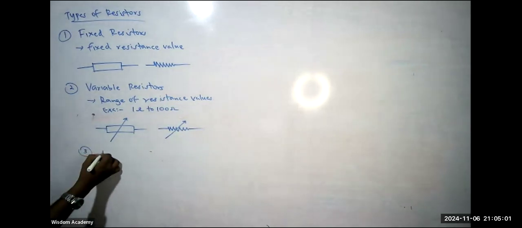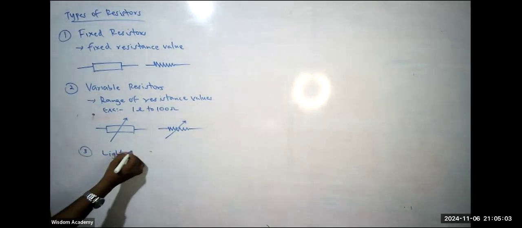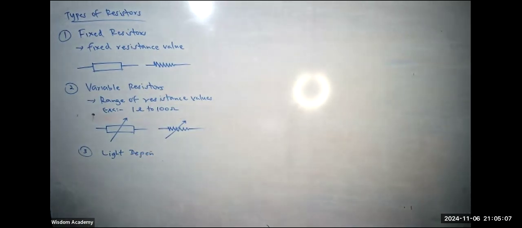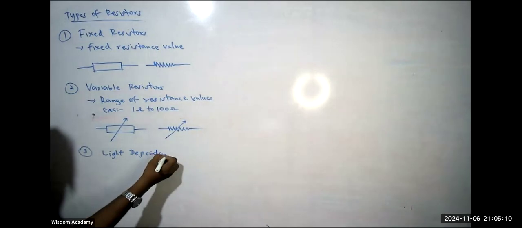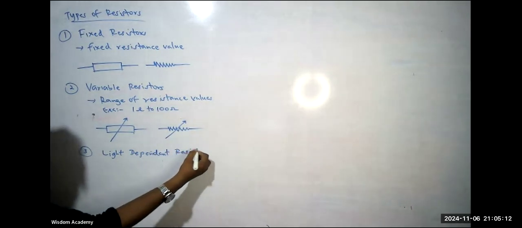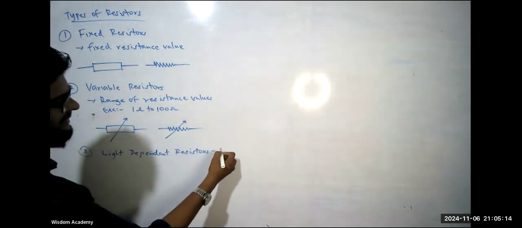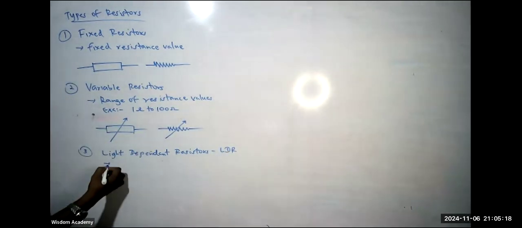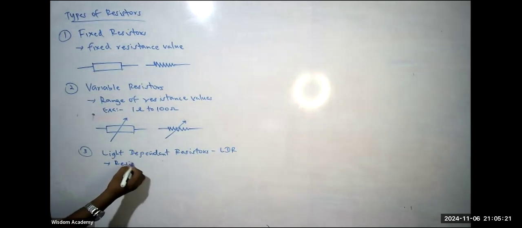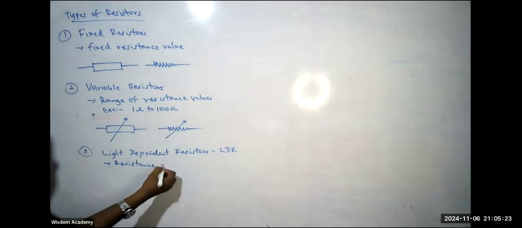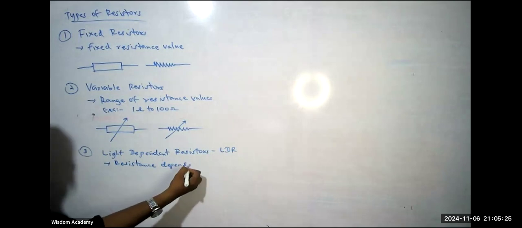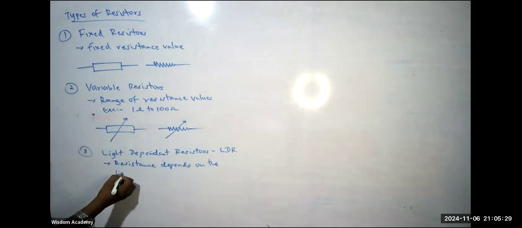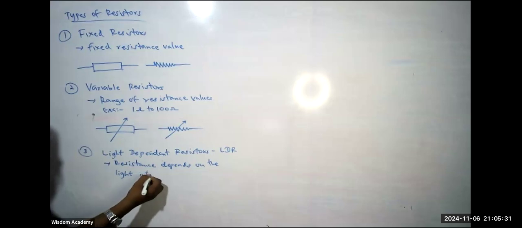And the third one, light dependent resistance. We term it as LDR. The resistance here depends on the light intensity.